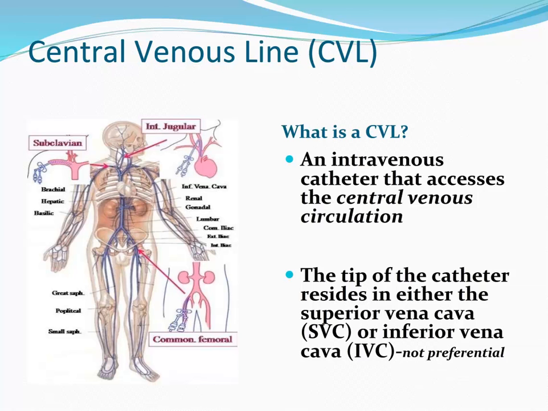And what veins are considered part of the central venous circulation? A CVL, like the name suggests, is any intravenous catheter that accesses a central venous circulation. The tip of the catheter sits in either the superior vena cava or inferior vena cava. The majority of the catheters placed in our unit are placed in the superior vena cava by way of the internal jugular vein.